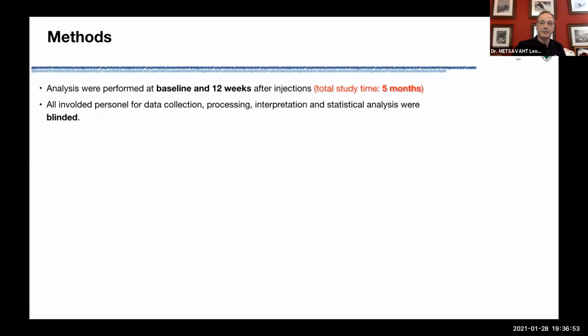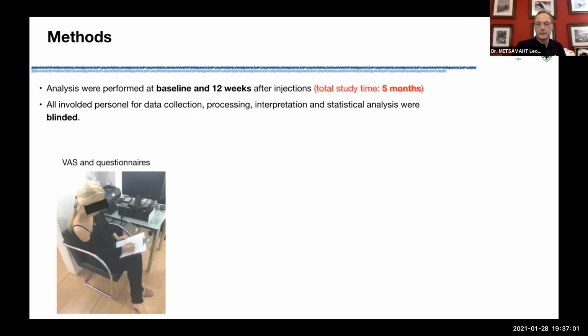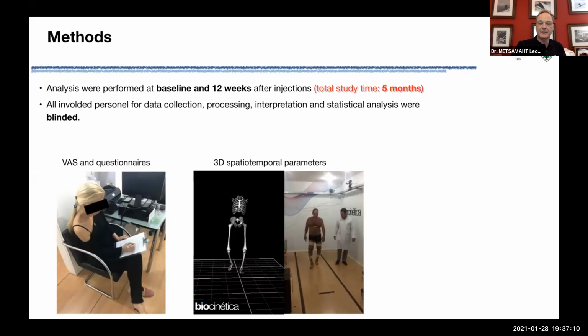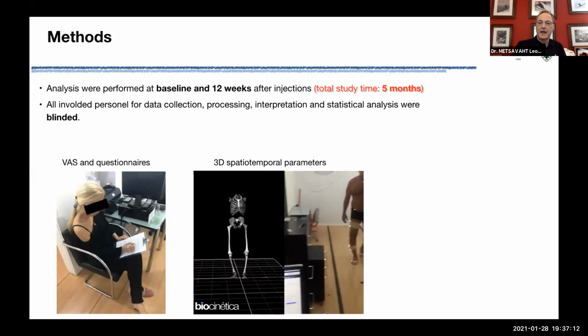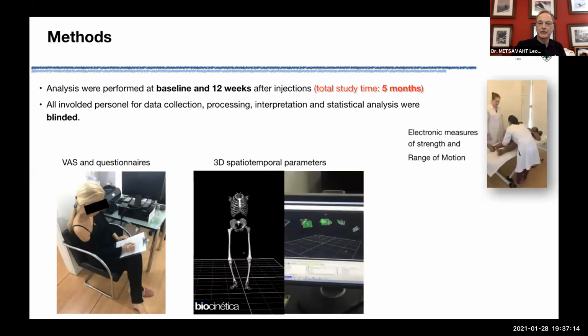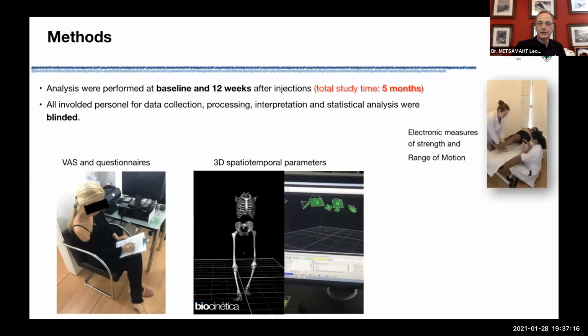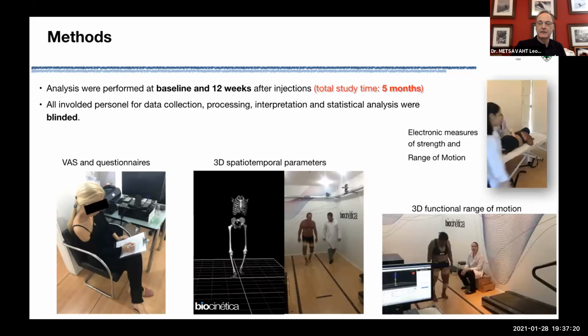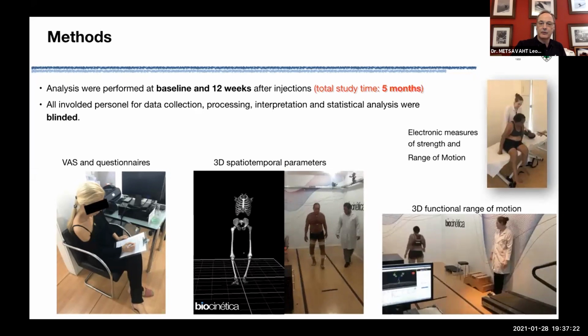Everyone in the collecting, processing, interpretation, and statistical analysis had no idea to which group the patients belonged. They answered the questionnaires. They had the 3D spatial parameters analyzed before and after, and they had all the electronic measures of strength, range of motion, and functional range of motion of gait and squatting.